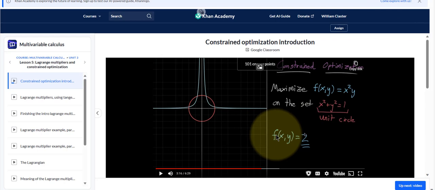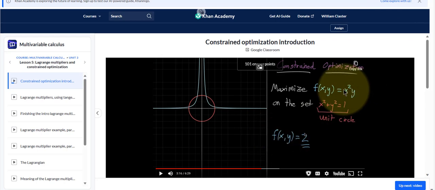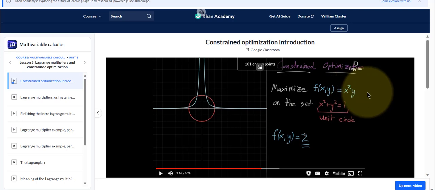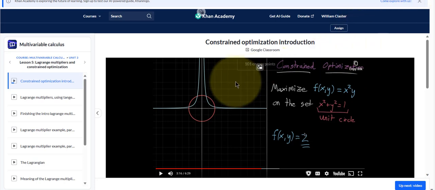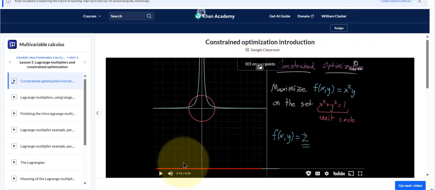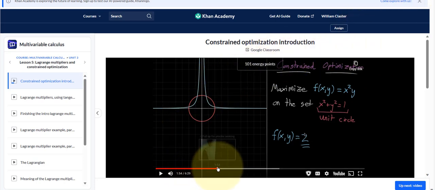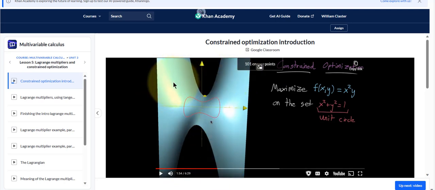So in the video, he says, well, what if we think about f of xy equals 2. That means we're talking about cutting the surface at height 2.